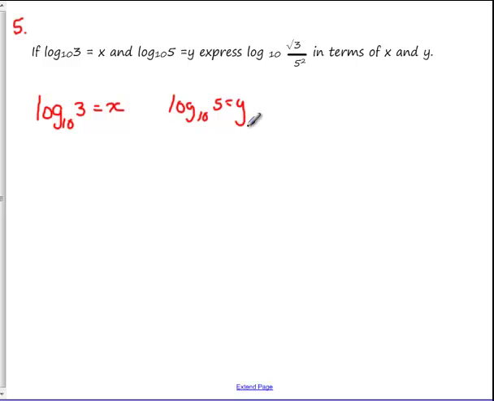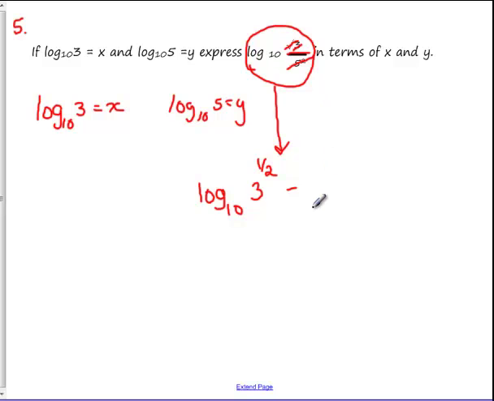All right, so what we do right here is we start rewriting this as John Napier would write it. Okay, we have log base 10. We have radical 3, which Napier says we can write as 3 to the 1/2 power. We have this division sign, which we know really means subtract. And then we have the second part, which is the log base 10 of 5 squared.